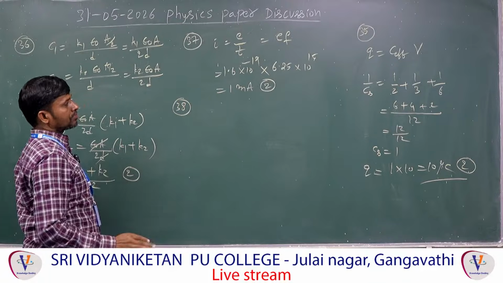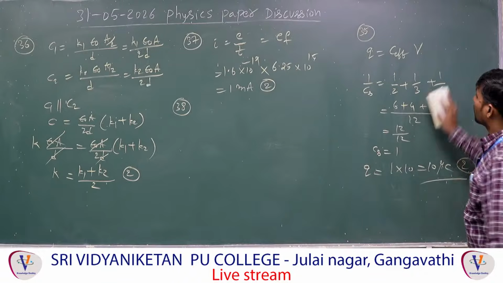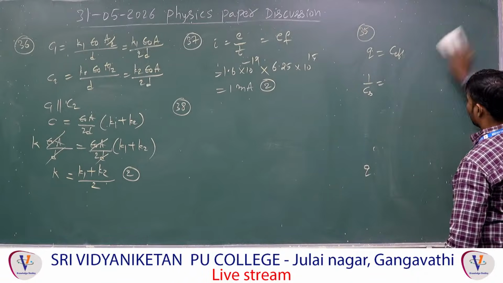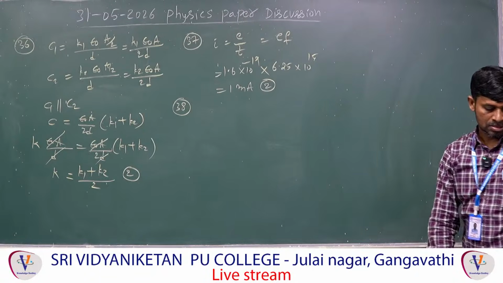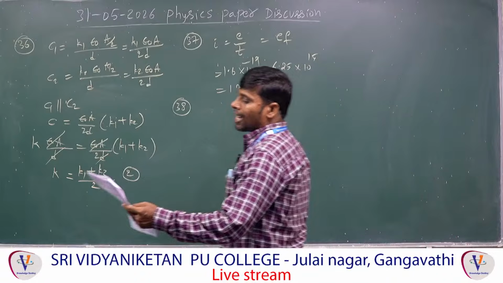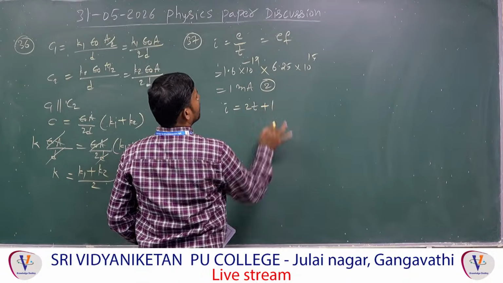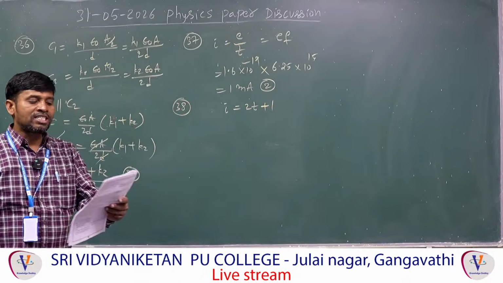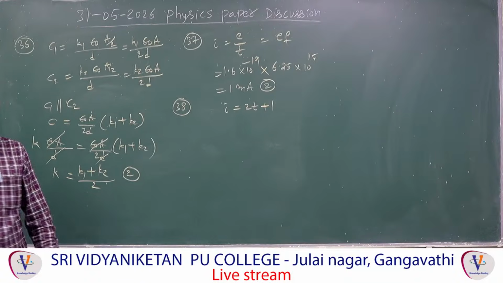Question 38. The current is flowing in a wire. I is equal to 2T plus 1. What is the charge transported to the condenser from 0 to 5 seconds?